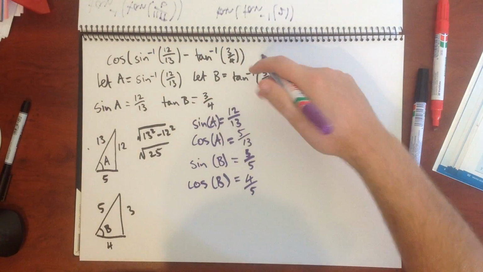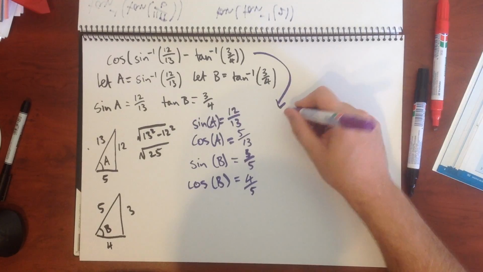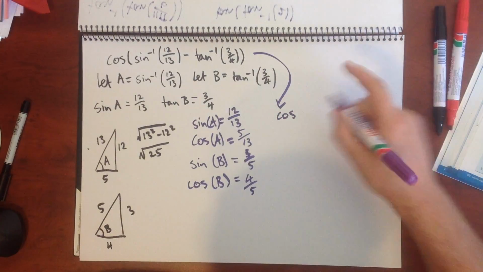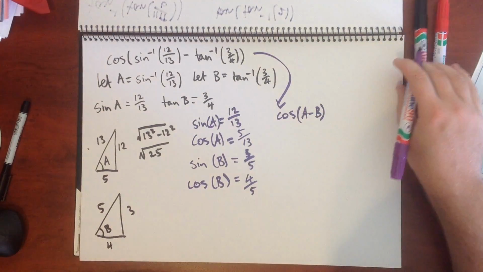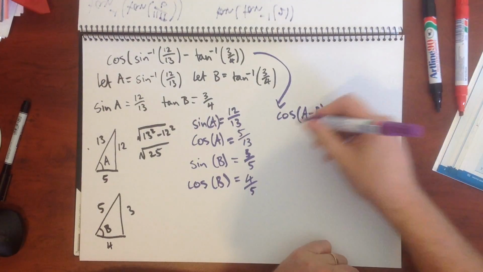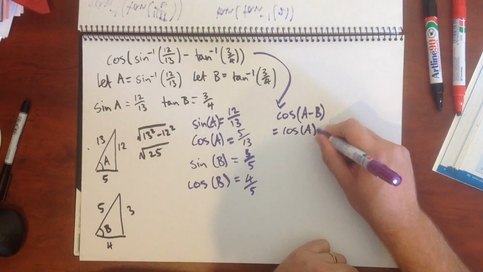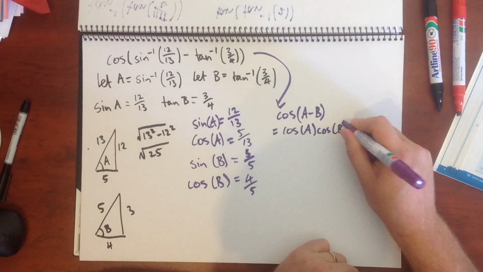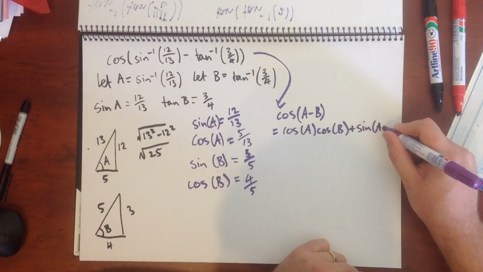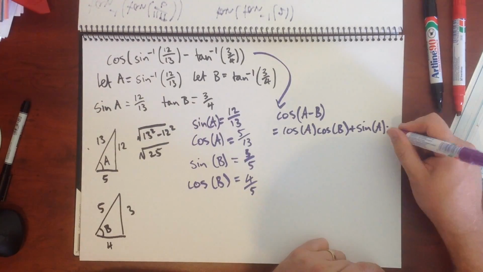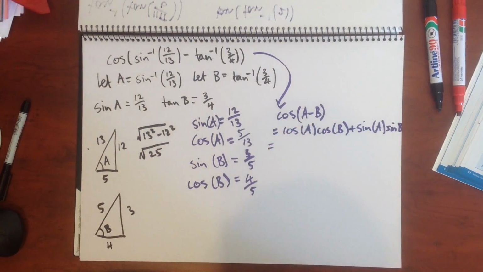So, by doing this substitution, what do we turn this into? Well, that became cos of A minus B. Okay, and we know that that is equal to cos of A cos of B plus sine of A sine of B. And so we can simply sub in all our values.